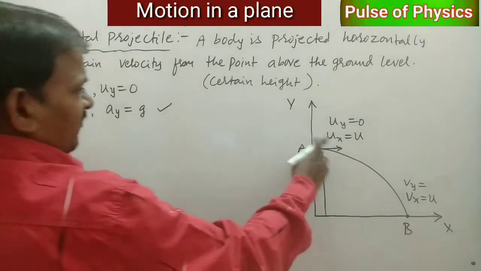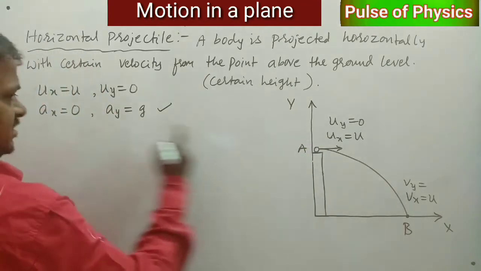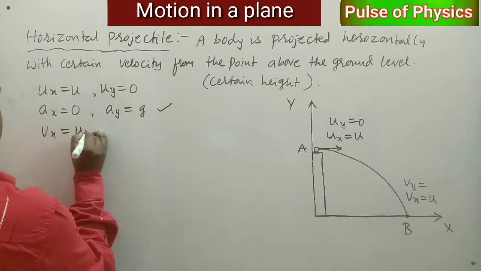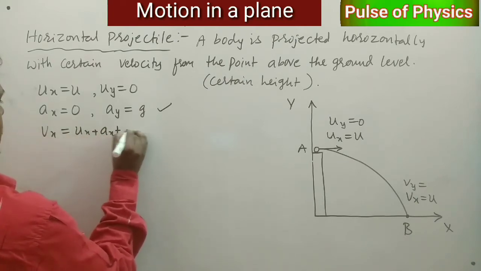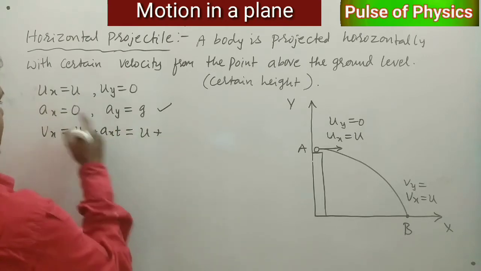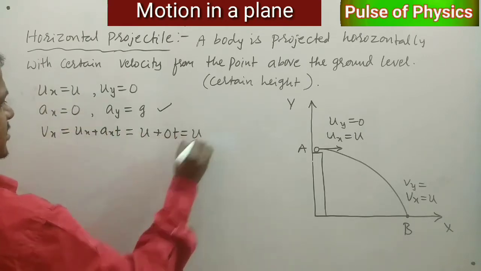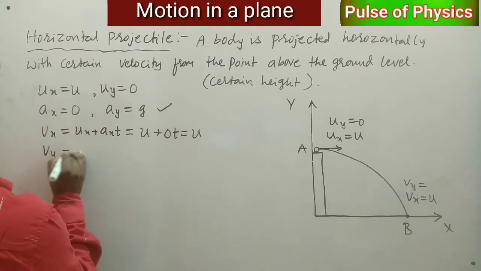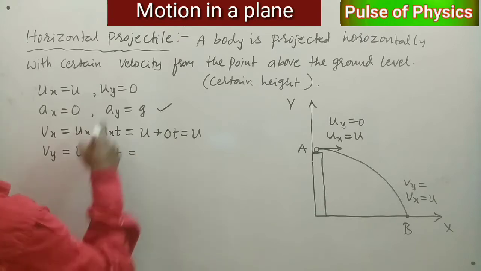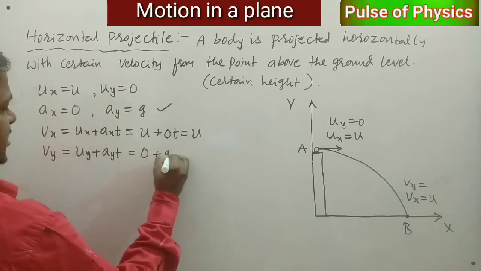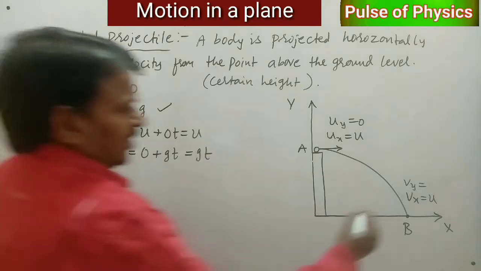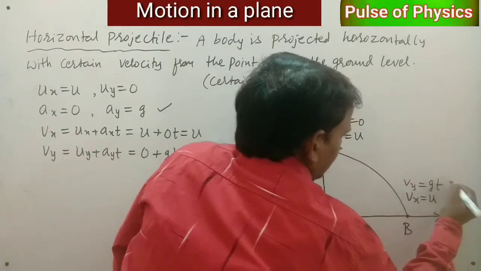Next, I am finding this vx, vy. Vx is ux plus axt, that is u plus 0 into t, that is u. Vy is equal to uy plus ayt, that is 0 plus g into t, it is gt. So here we got gt.